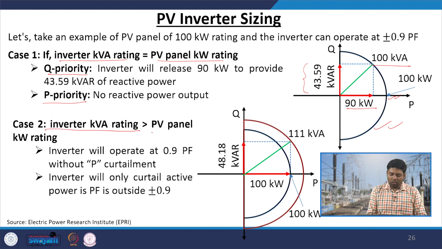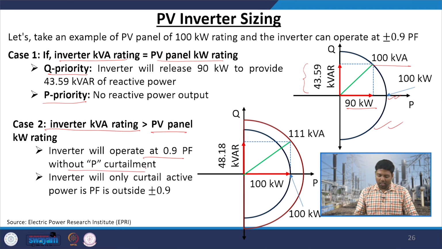The second case, which is mostly the favorable case, is that you can make your inverter kVA rating more than your PV panel kilowatt rating. So, if your operating power factor is 0.9, then without doing P curtailment, you can even give 48.18 kVAR. That means you give your 100 kilowatt and also your VAR support as well. You need only curtail your active power whenever you need more reactive power.